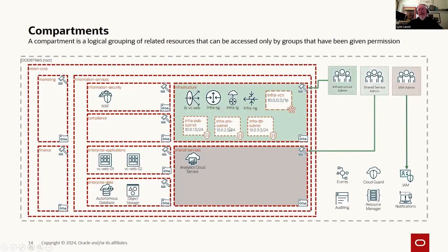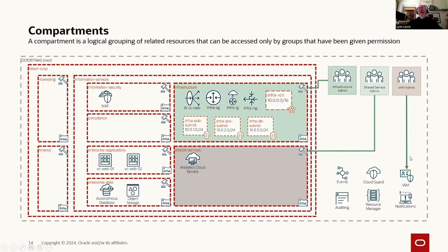In this particular instance, it's just an example. We've put this in play where you have three top-level compartments: marketing, finance, and information services. And then inside your information services, you have information security, compliance, infrastructure, shared services, enterprise applications, and enterprise data.